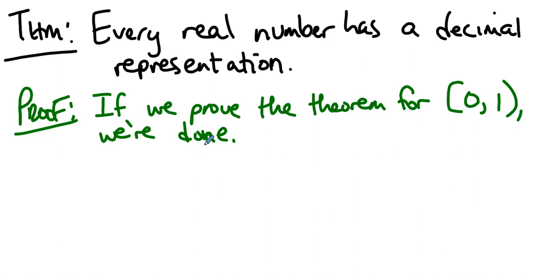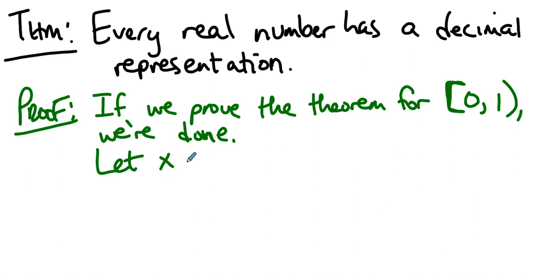Why? Because every decimal number has an integer part before the decimal point and then something after the decimal point. So if we can prove it for the part that's after the decimal point, then we're done, because every other real number is one of those plus an integer.